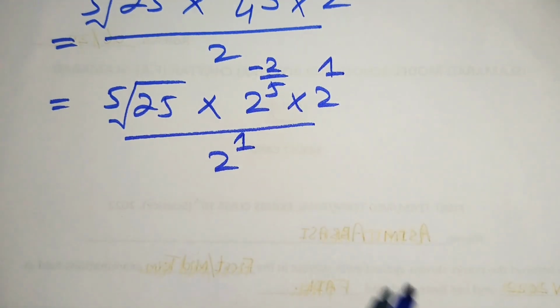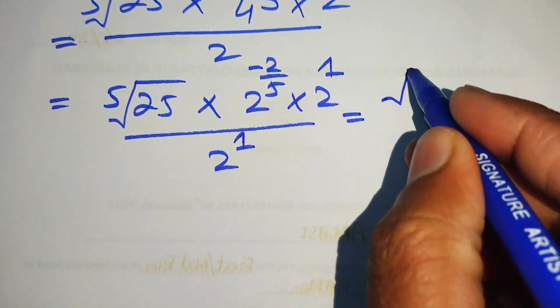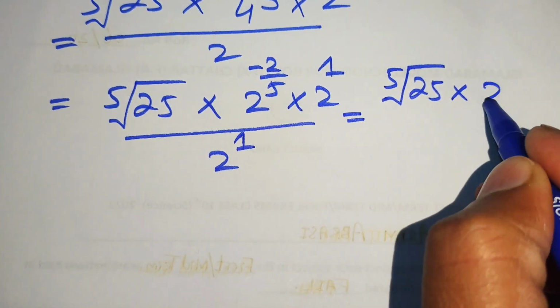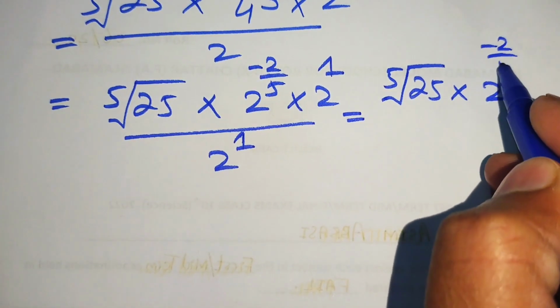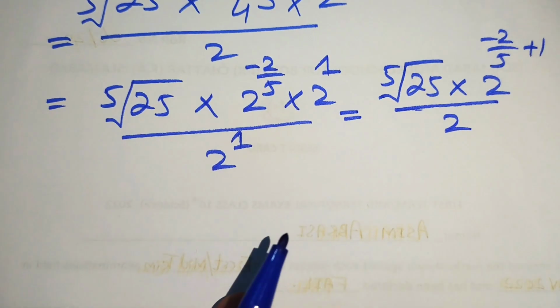So now you see again the bases of these two terms are the same, so we add the exponents, and it will be written as the fifth root of 25 multiplied by 2 to the power of minus 2 over 5 plus 1, and it is divided by 2.